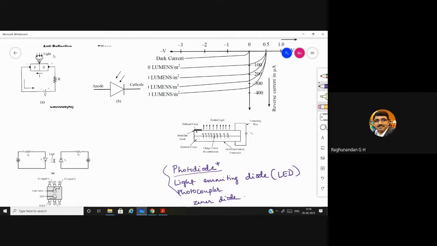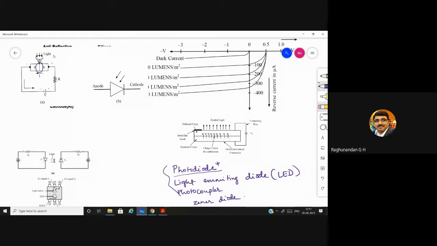That energy will be used to excite the charges present inside this depletion region. So when the light falls on the depletion region, the charges present in this junction get excited and start flowing. So the current starts flowing like this, and hence you will have current across the load resistance.